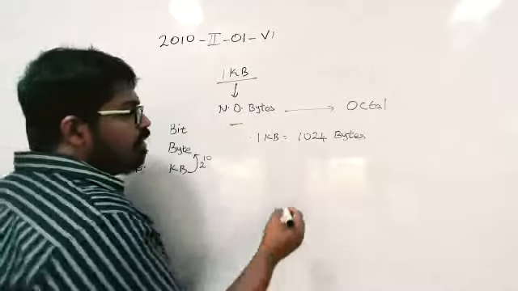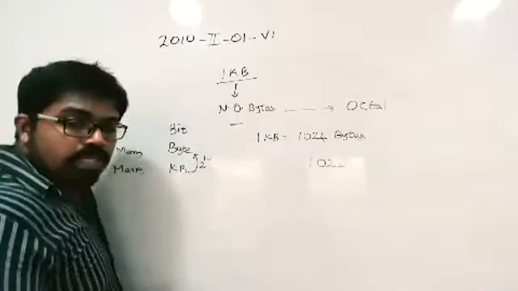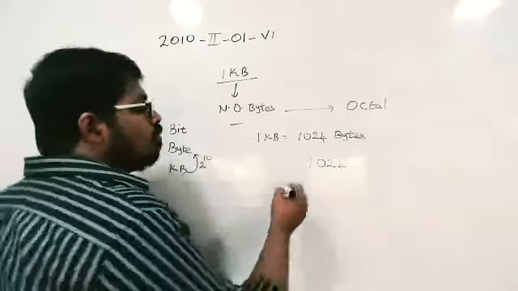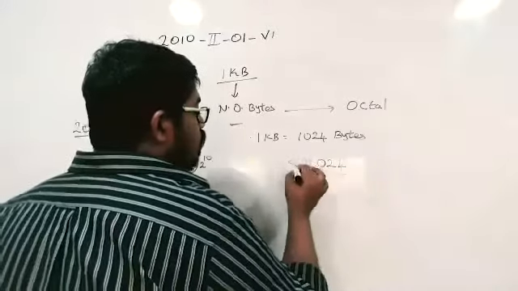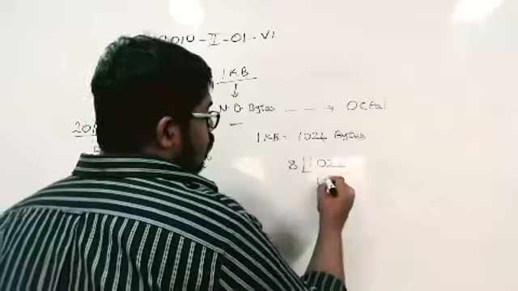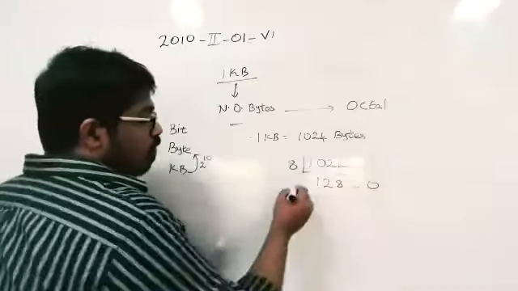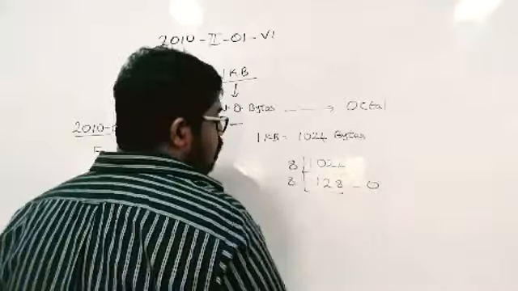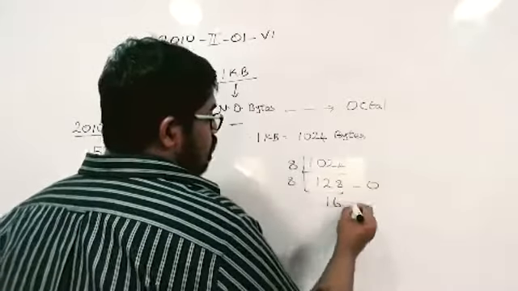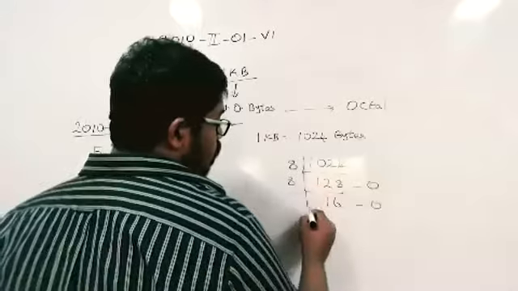Now we have to convert 1024 into octal format. When you divide by 8, it will be 128. When you divide by 8, it will be 16. Right?